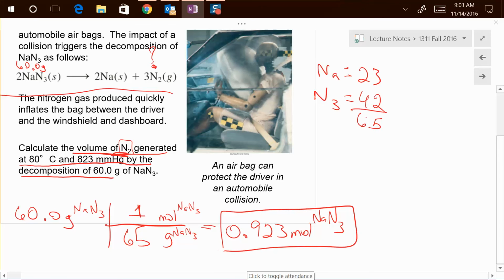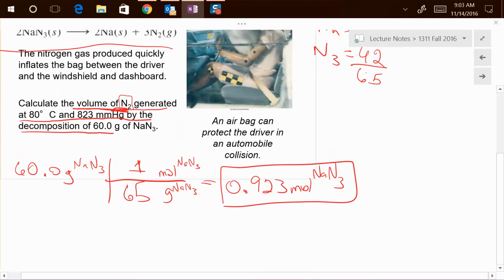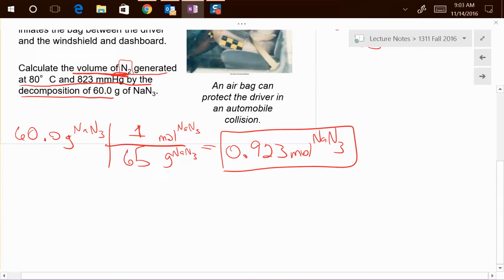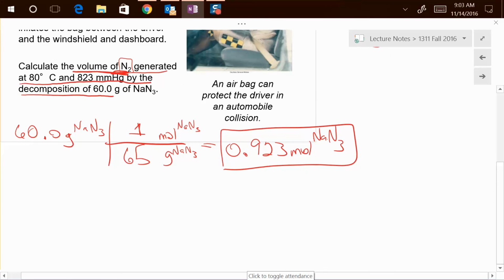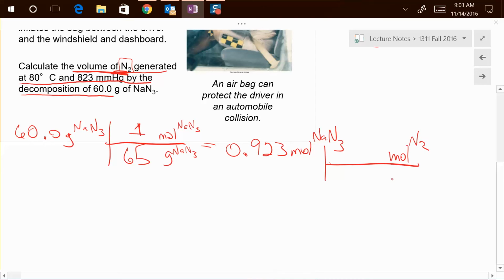Now, I could convert this from moles of NaN3 into the moles of N2.